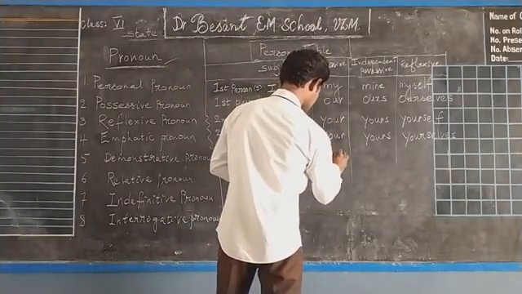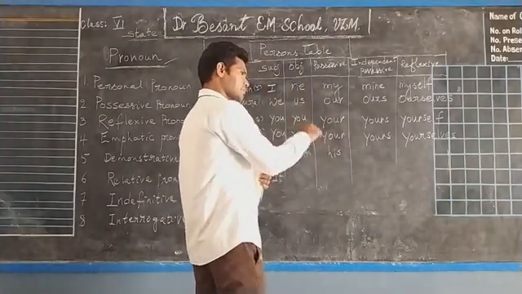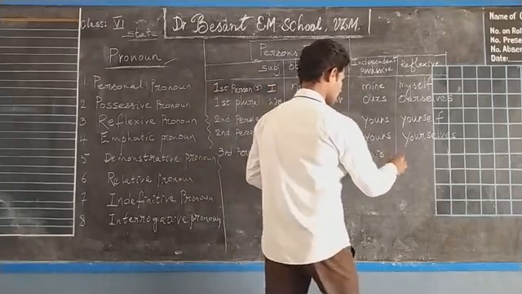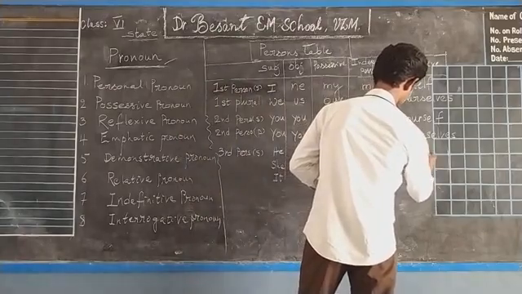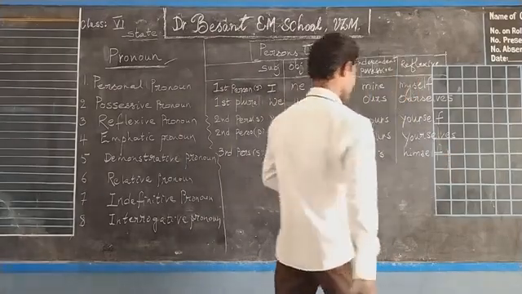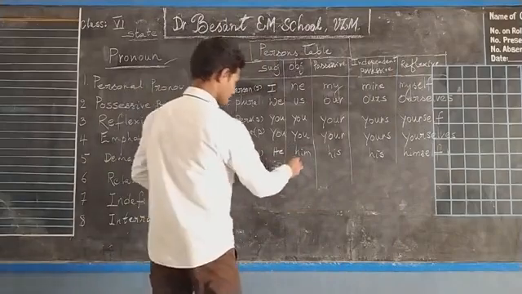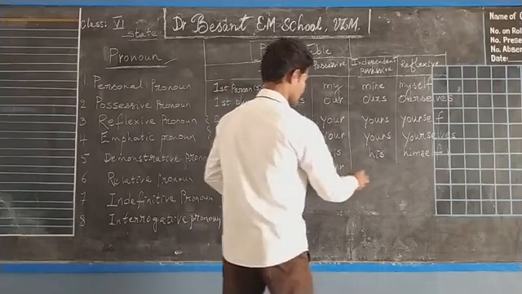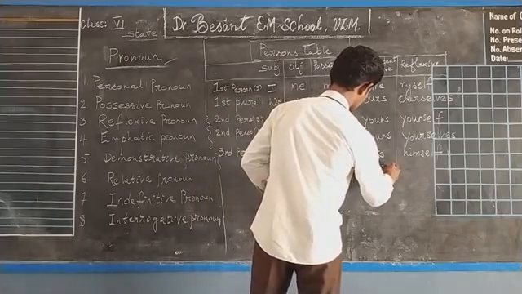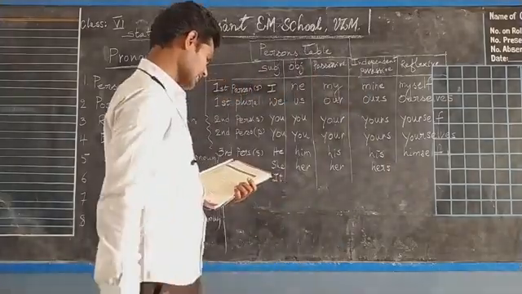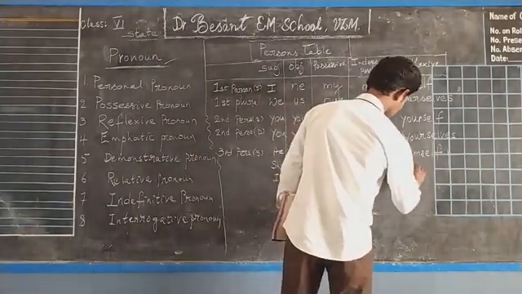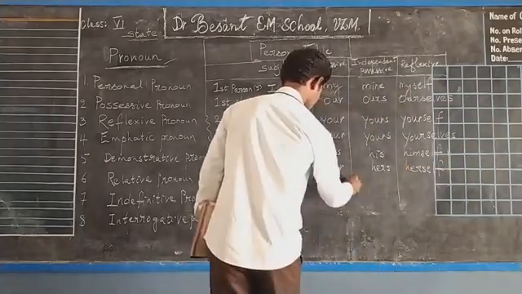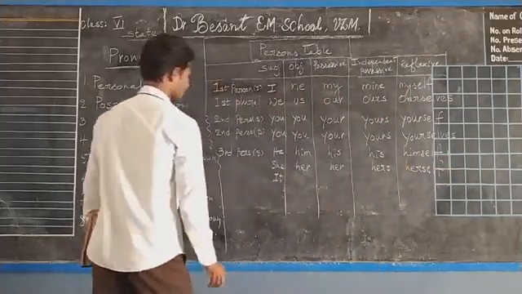Next one is his. It is his book. This book is his. And himself. She, her. It is her book. This book is hers. Herself.